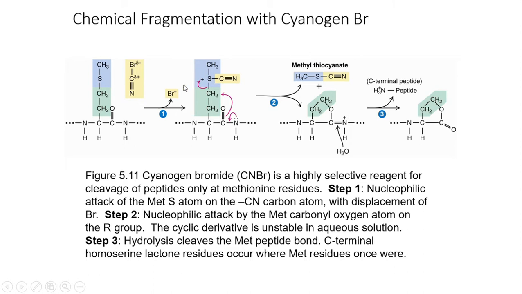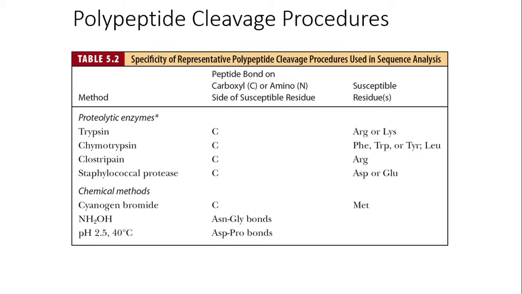We release the bromide ion. And then in the second step, we're going to release methyl thiocyanate, and then at the C-terminal of that fragment, we're going to have that homoserine lactone, which can be identified.